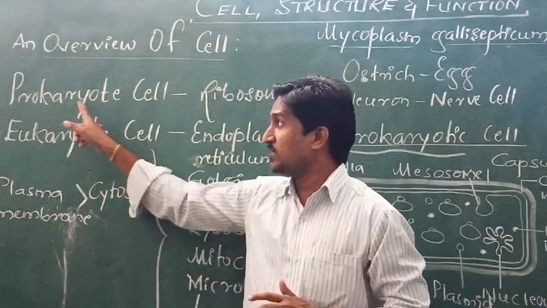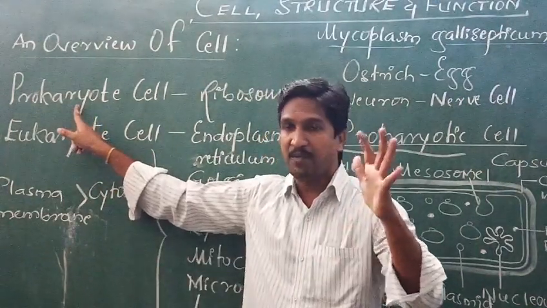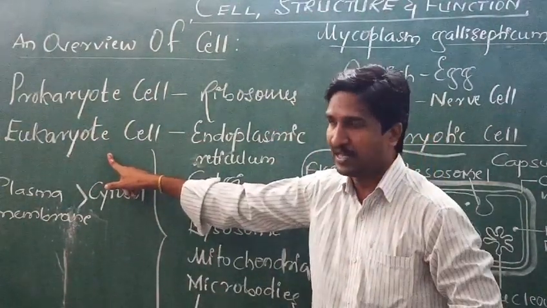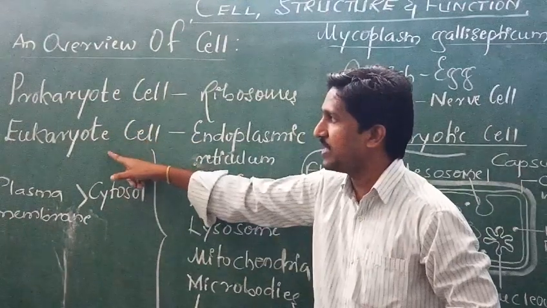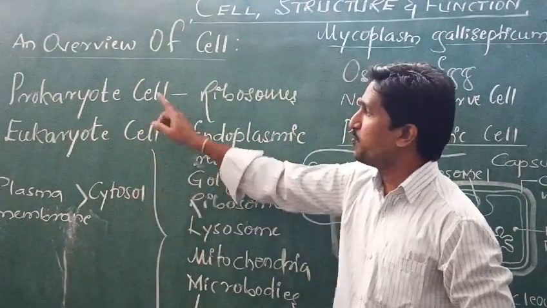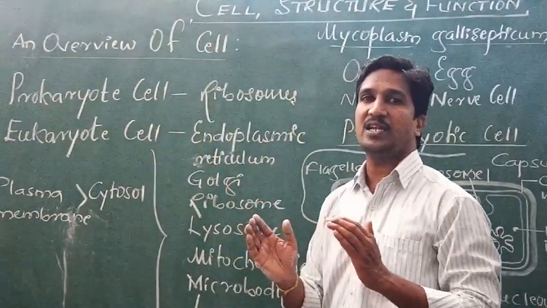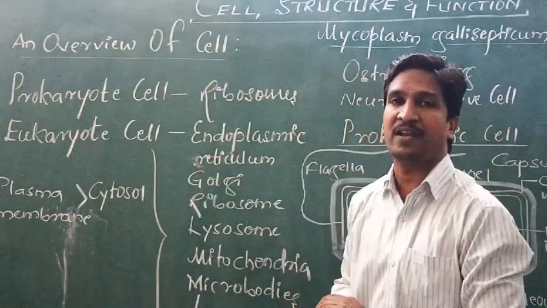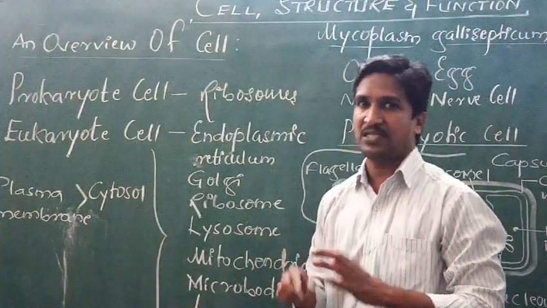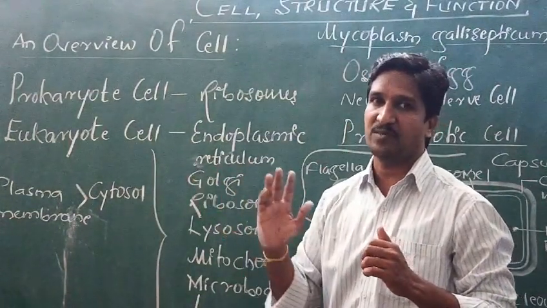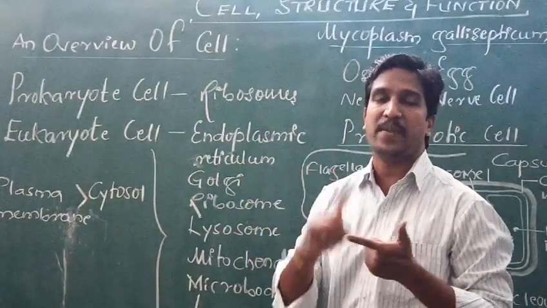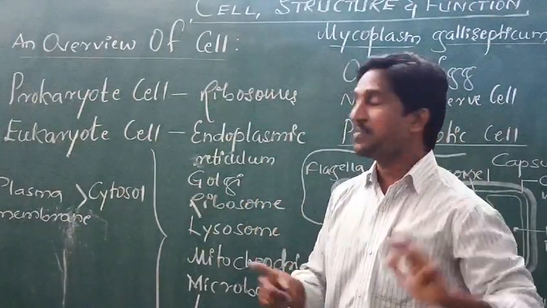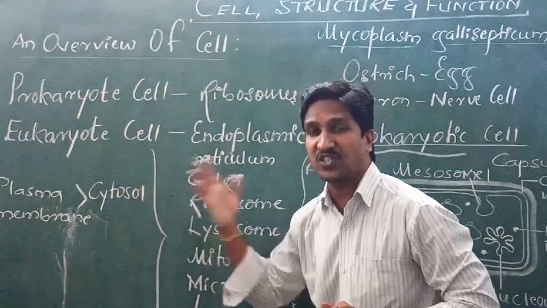But the prokaryotic cell does not have a nuclear membrane, whereas the eukaryotic cell has a developed nuclear membrane. On this basis, organisms with prokaryotic cells are kept in only one kingdom, called Monera, whereas the other four kingdoms, Protista, Mycota, Plantae and Animalia, contain eukaryotic cells.